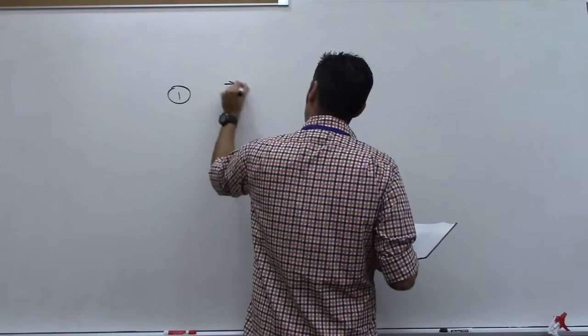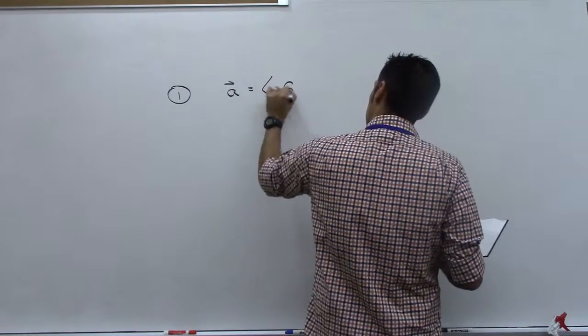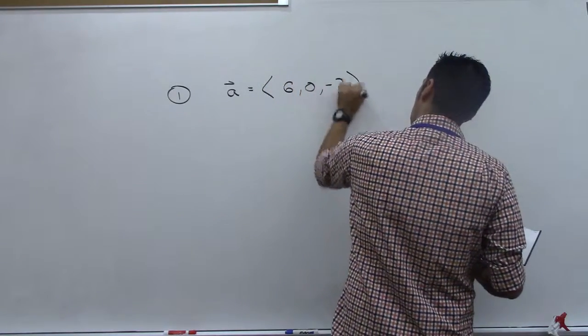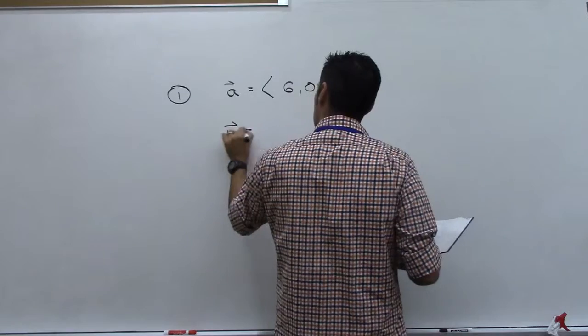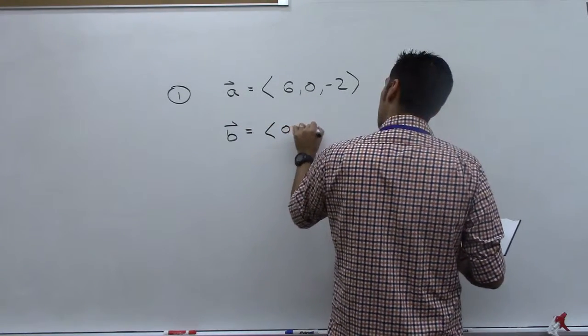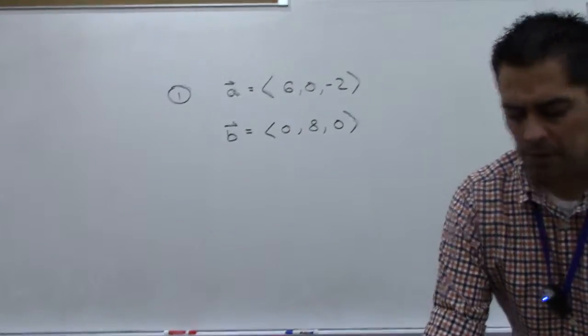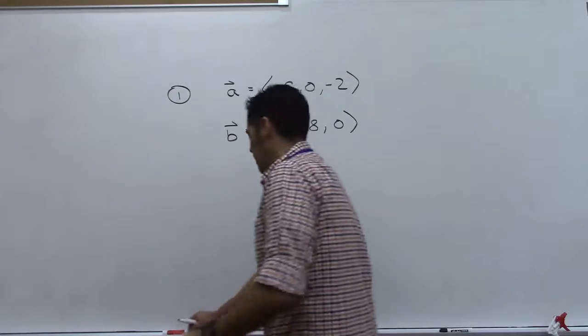A is the vector 6, 0, negative 2. The vector B is the vector 0, 8, 0. All right, so let's remember how we do this.